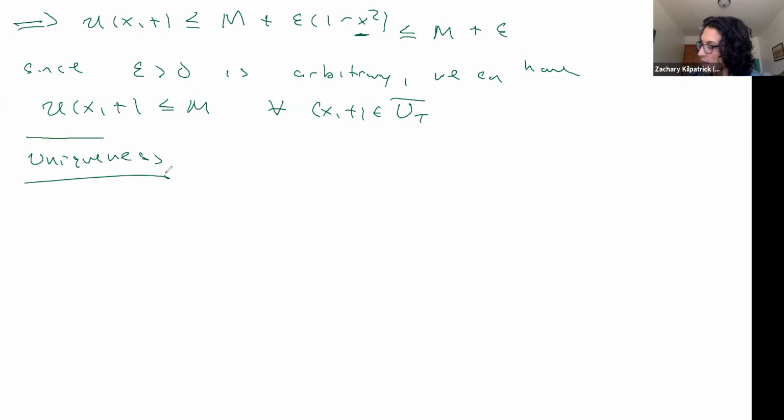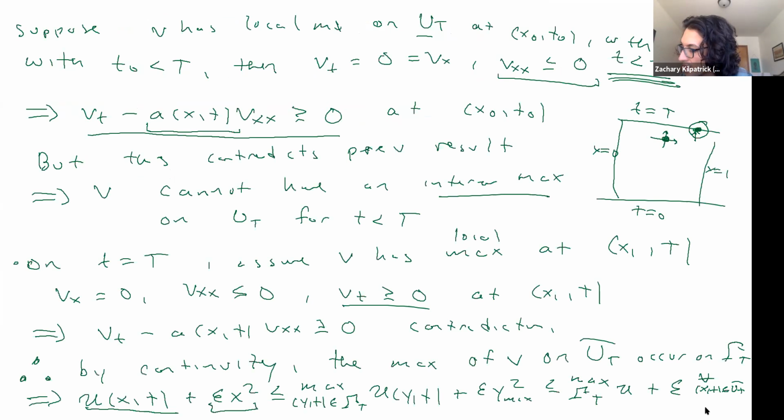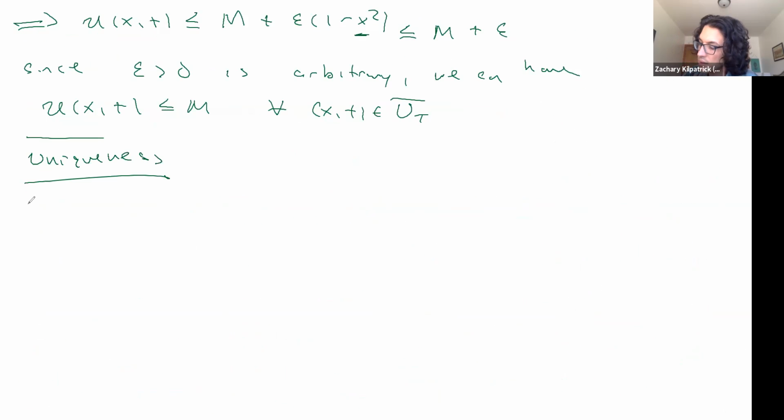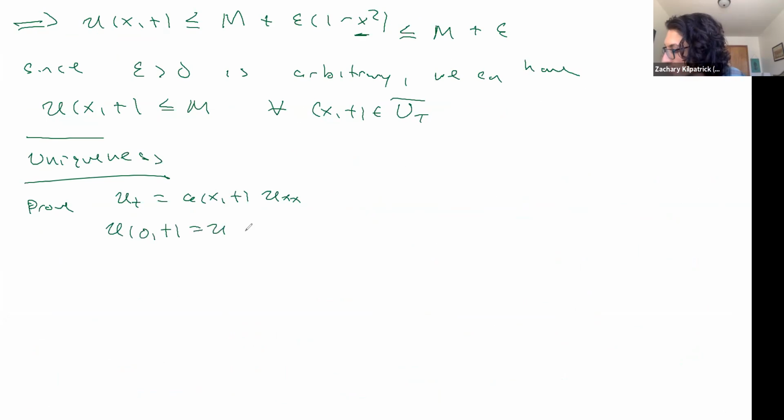If we go back to the original equation, essentially I need to prove that, let's say u_t equals a(x,t) u_xx, and then let's take some boundary conditions here. You could make them arbitrary.